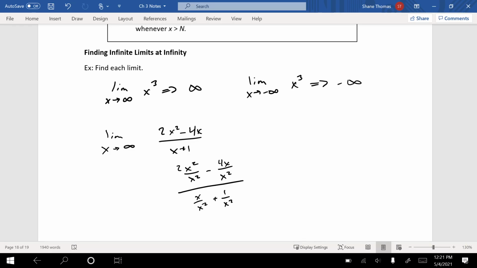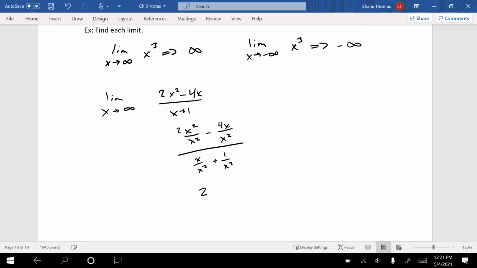All right. First one's going to be 2, right? Because this is going to go away. Minus, this is going to be 4 over x, which would be 0. Over this one here would be 0. This one here would be 0. Correct?